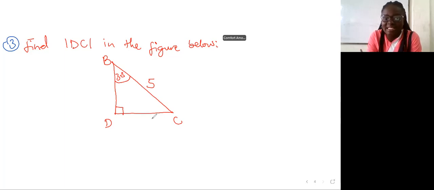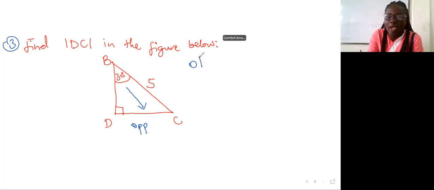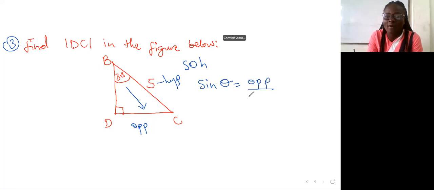We have to find DC, and the angle is directly opposite to DC, which is our opposite. Okay, so this is giving us SOH. This is the hypotenuse, the longest side. So sine theta is equal to the opposite over the hypotenuse.